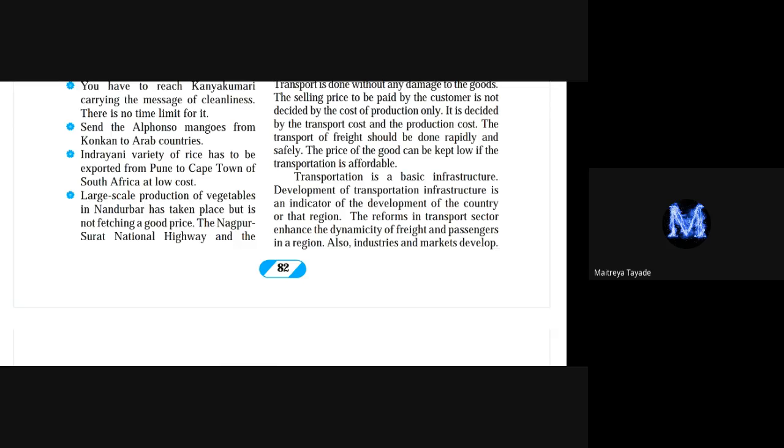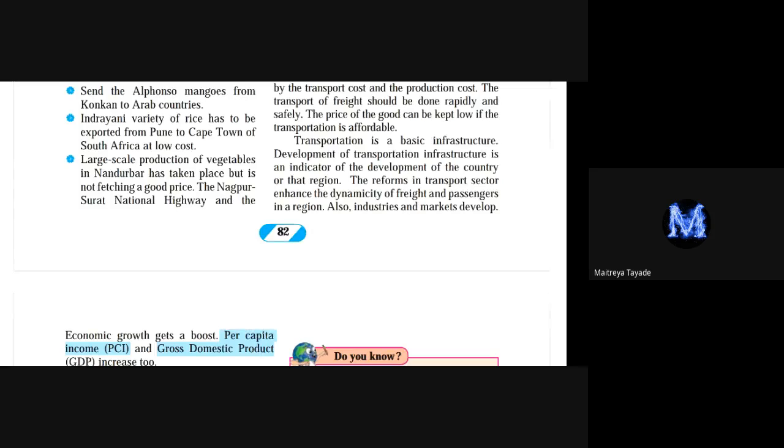The reforms in the transport sector enhance the dynamicity of freight and passengers in a region. When you reform the transport system, it will lead to enhanced dynamicity of freight and passengers in the region.